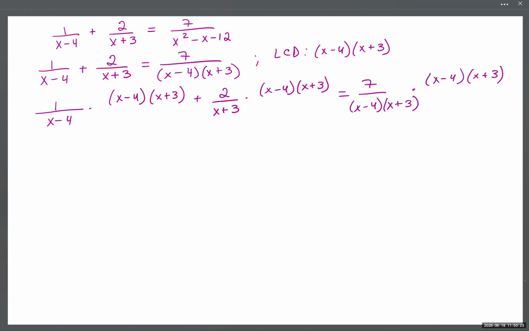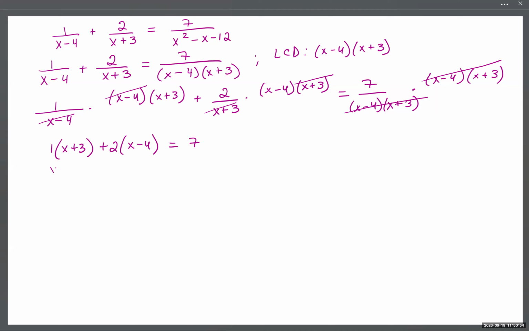Now, on the left-hand side, x minus 4 on the bottom, x minus 4 on top. They cancel out. X plus 3 on the bottom, x plus 3 on top. They cancel out. On the right-hand side, the whole thing, x minus 4 times x plus 3, cancels with itself on the top. So here's what we have. On the left, it's 1 times x plus 3 plus 2 times x minus 4. On the right, it's just 7.